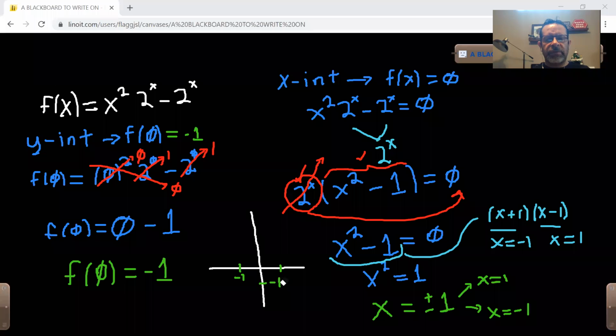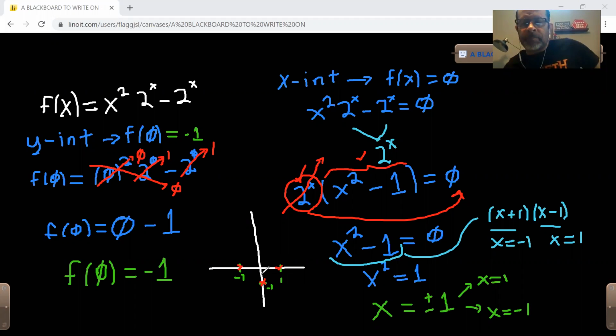So we actually don't know exactly how the function is going to look. The only thing we know is that it's going to be crossing in these 3 points.